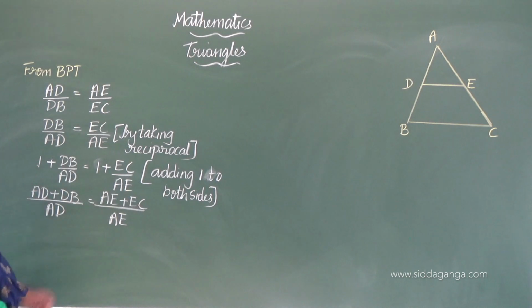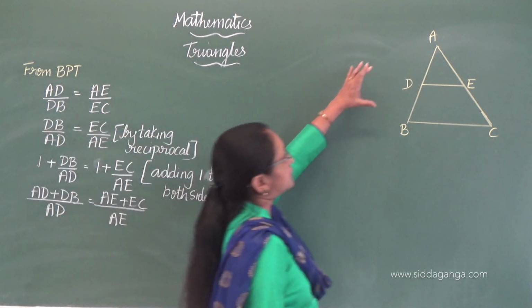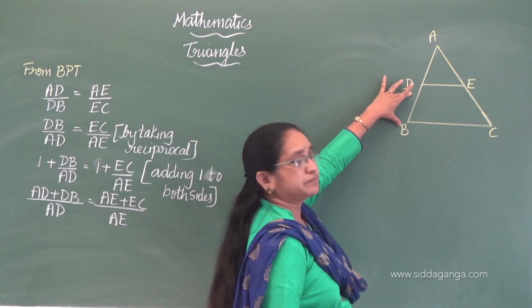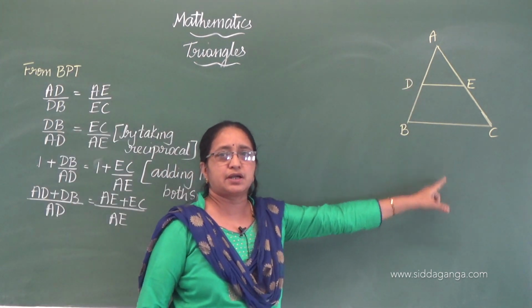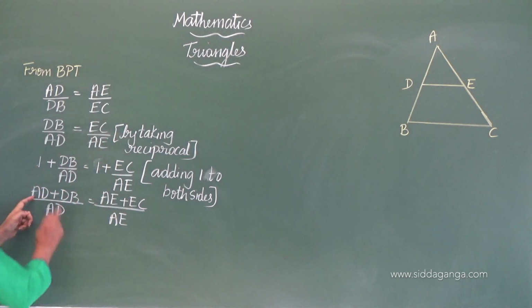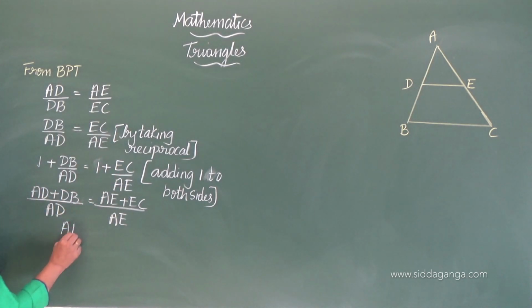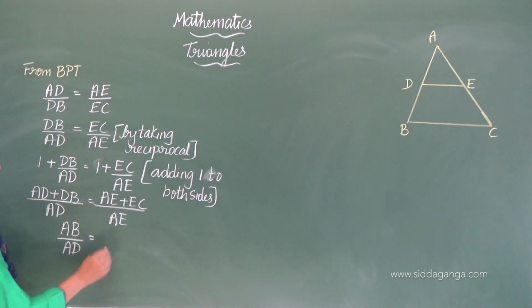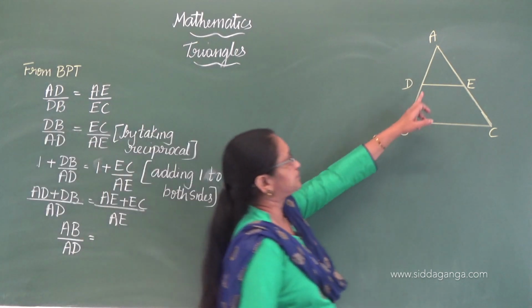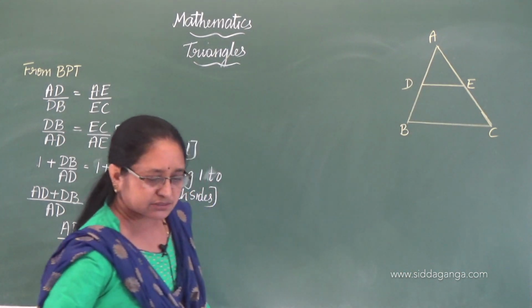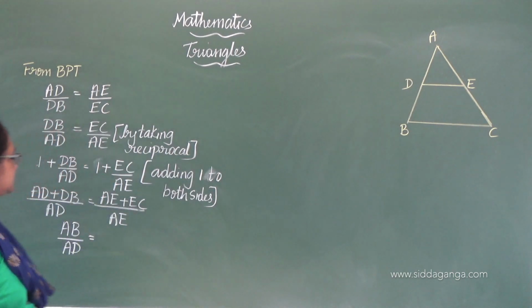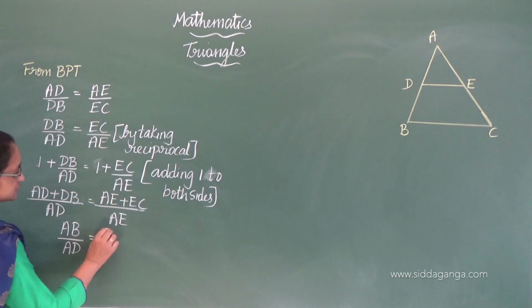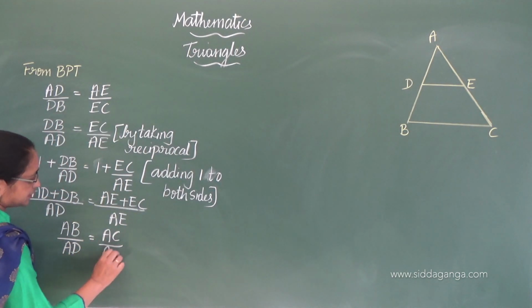Now just observe the figure. AD plus DB can be written as AB. I hope you understood. So AD plus DB can be written as AB by AD is equal to AE plus EC, and AE plus EC can be written as AC by AE.